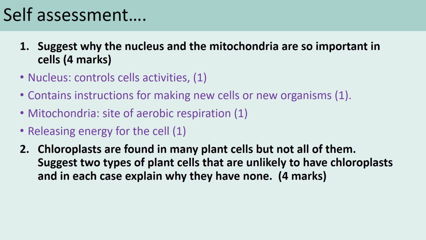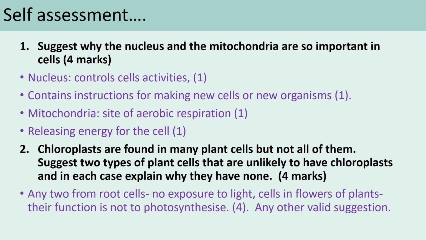Chloroplasts are found in many plant cells, but not all of them. You had to suggest 2 types of plant cells that won't have them, and in each case explain why. So you could have had any 2 from root cells, which I mentioned earlier because there's no light underground. You might have put cells in the flowers of plants, because that is not their function to make food or photosynthesize.